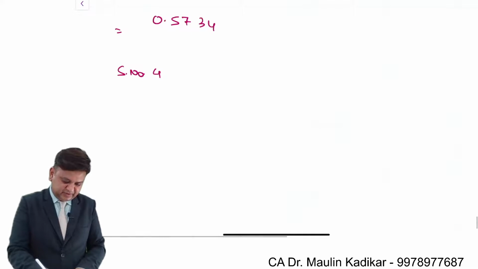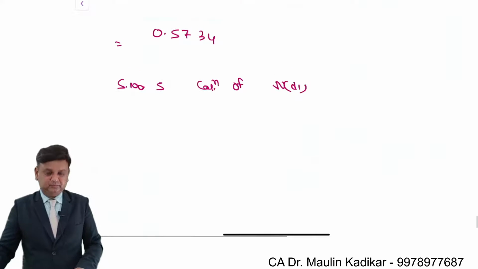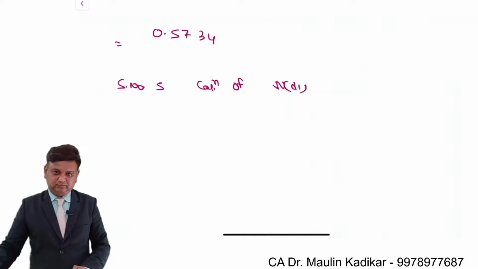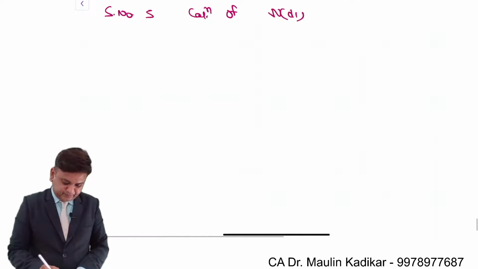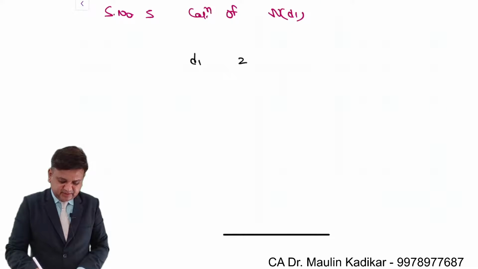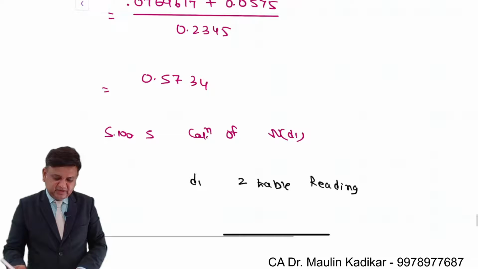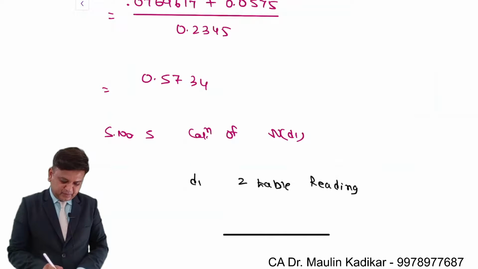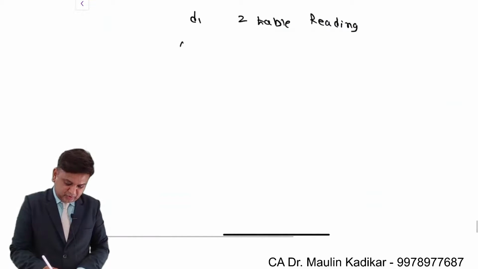And now step number 5. Calculation of ND1. Let us see what we will do for ND1. D1 value and Z table reading. For the D1 value we will see 0.57 and 0.58.